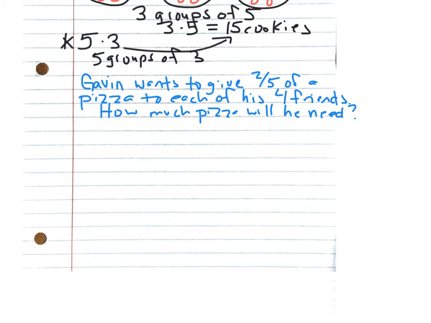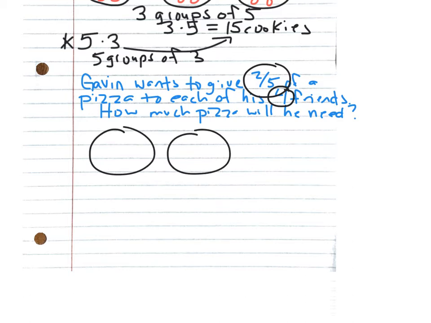So looking through the situation, picking out the key information, this time we have 2/5 of a pizza and he has 4 friends. So I'm going to start by drawing out his 4 friends.